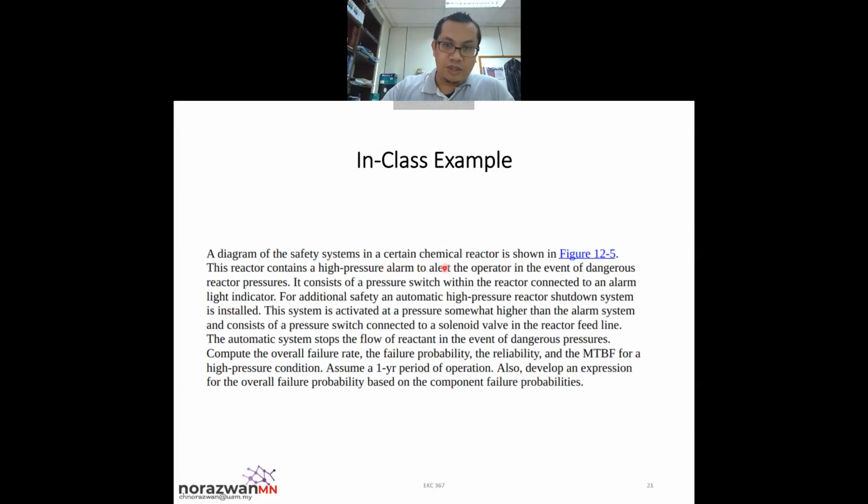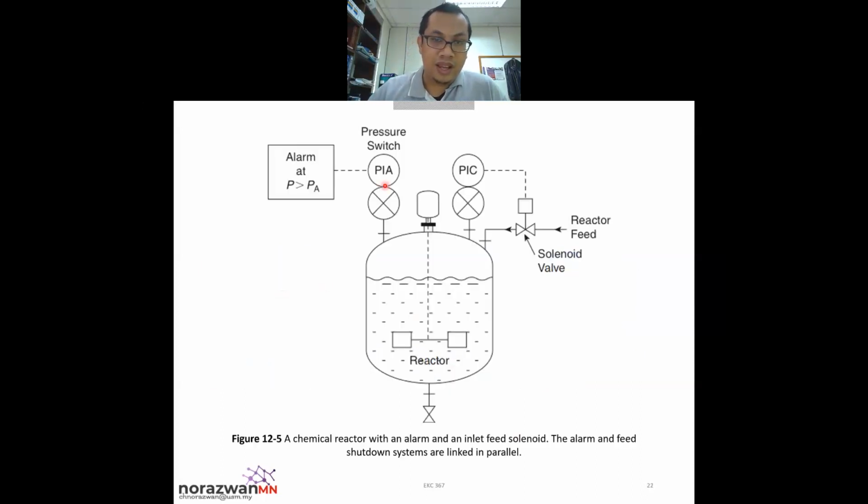The high pressure alarm alerts the operator. It consists of a pressure switch within the reactor connected to an alarm light indicator. In this alarm system, we call it system A or alarm system 1, whatever you want to call it.